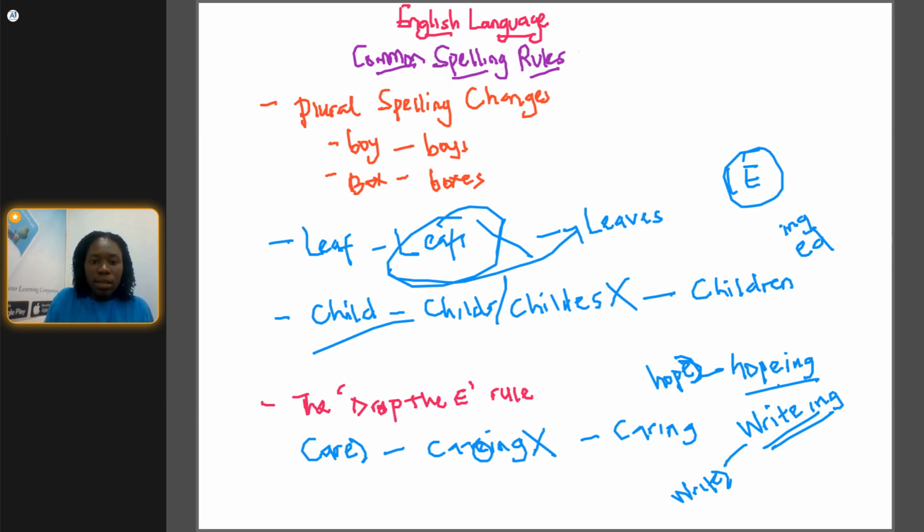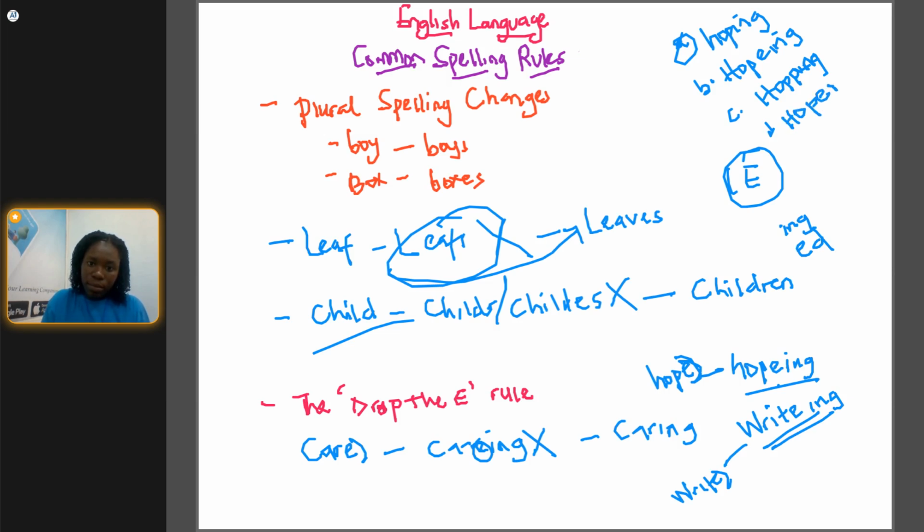So when you see options, maybe option A has "hopeing", option B has this, option C has this, and option D has this.